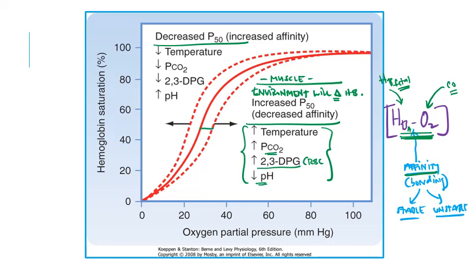And what this does is this moves the baseline dissociation curve to the right. So when the affinity is weakened, it requires more partial pressure of oxygen to saturate the hemoglobin molecule. And on the flip side, it's easier for oxygen to escape.